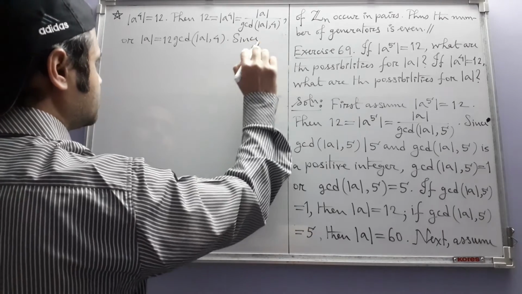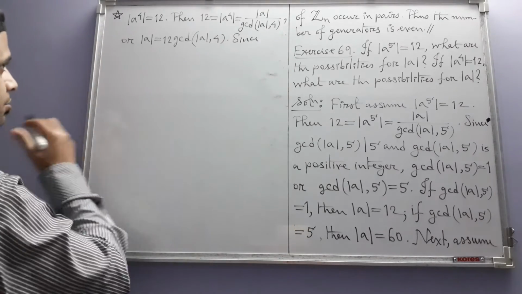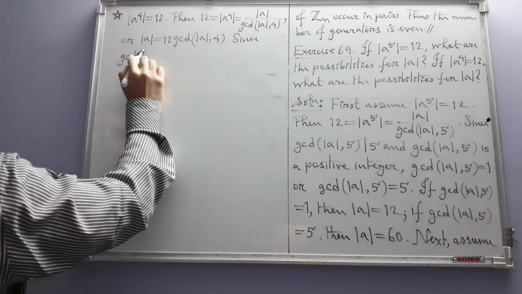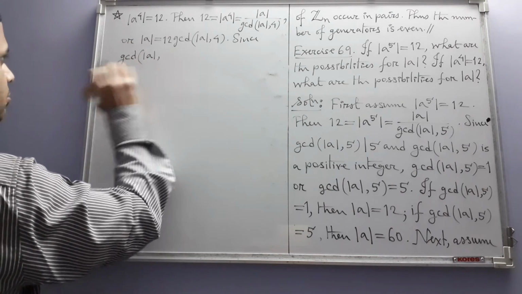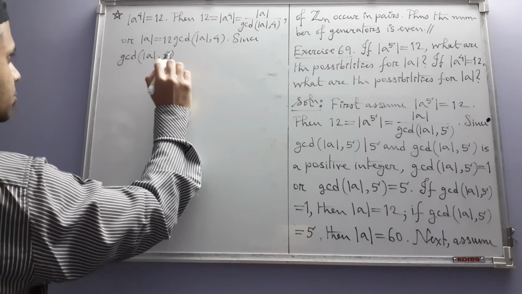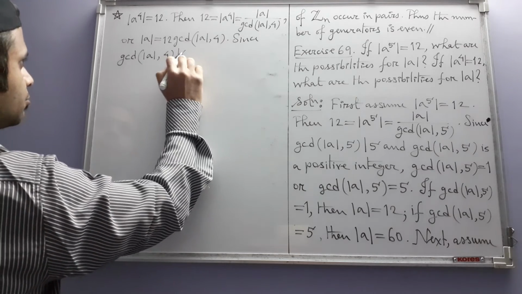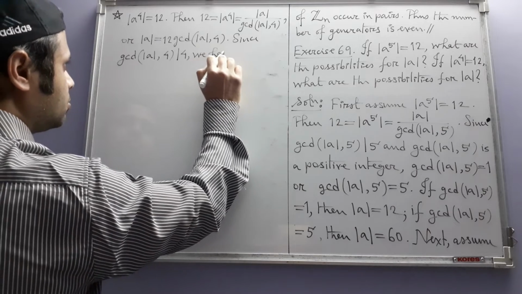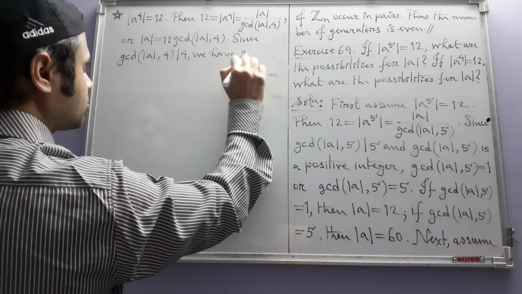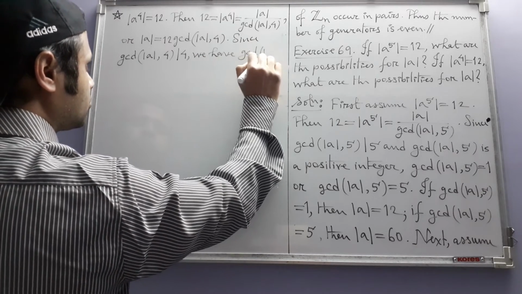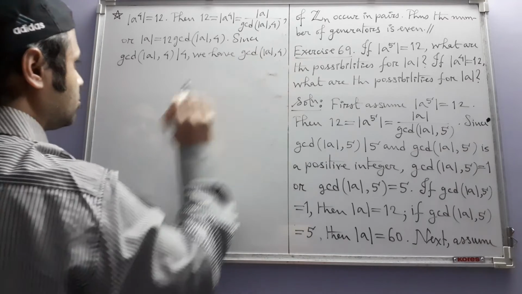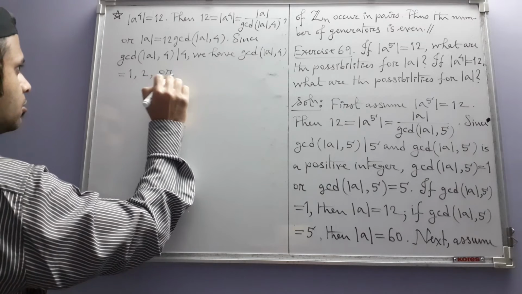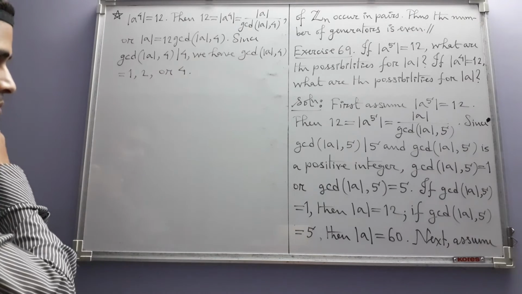Since, again, same sort of argument, the GCD of this and 4 divides 4, we have this equal to 1 or 2 or 4.